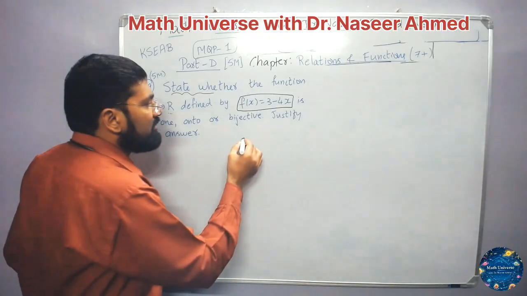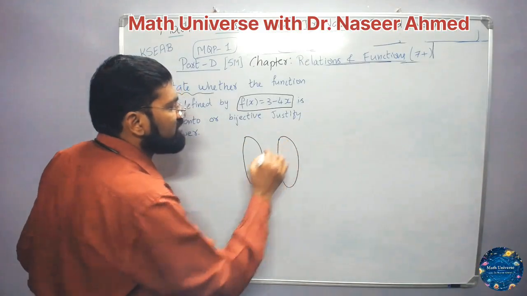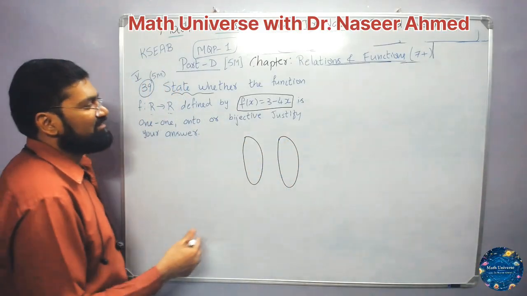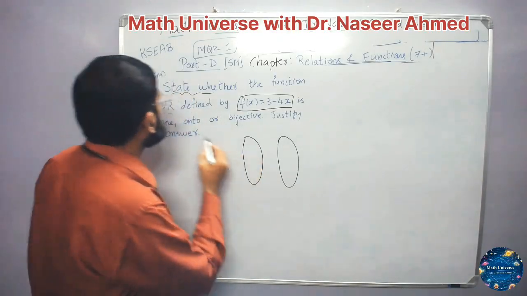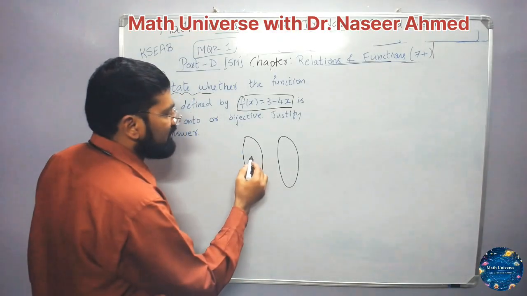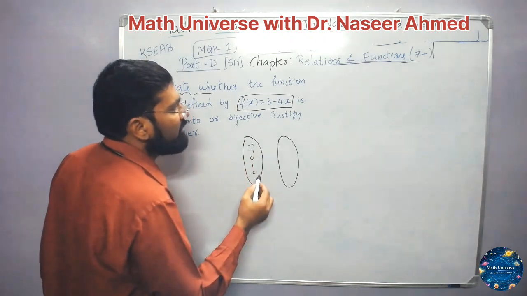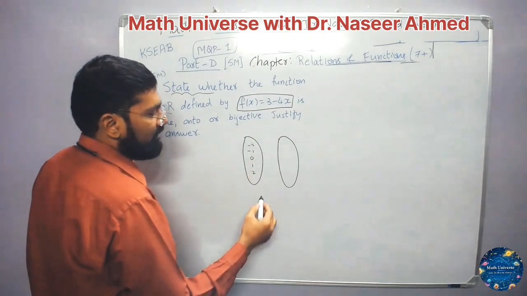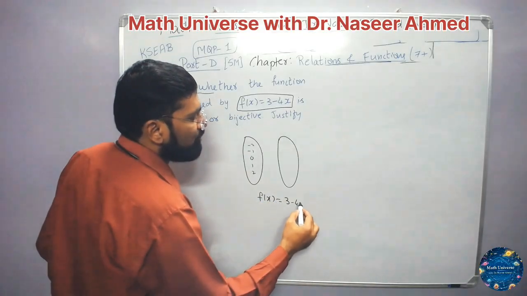For this, take an arrow diagram. Since it is real numbers, let's suppose 0, take some numbers, okay, 1, -1, -2. Now substitute here, f of x is equal to 3 minus 4x.